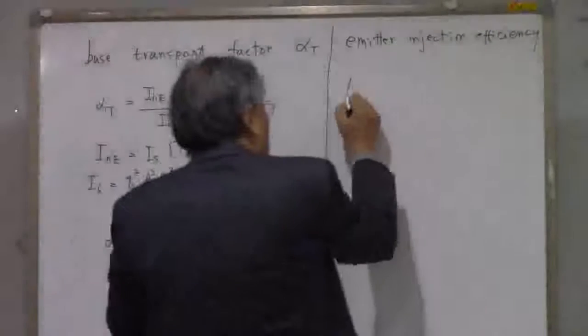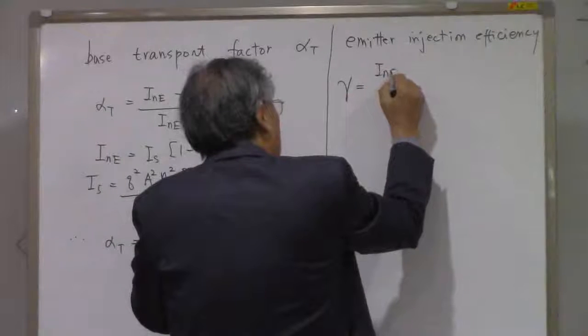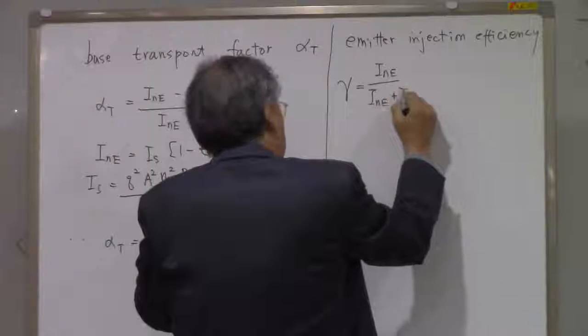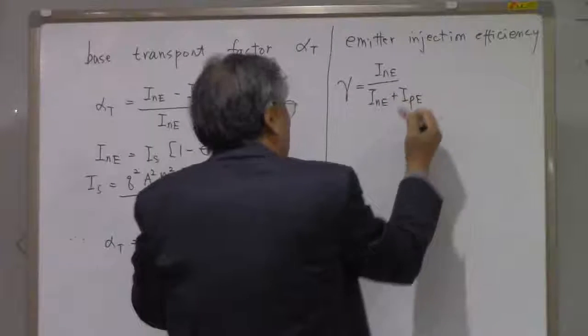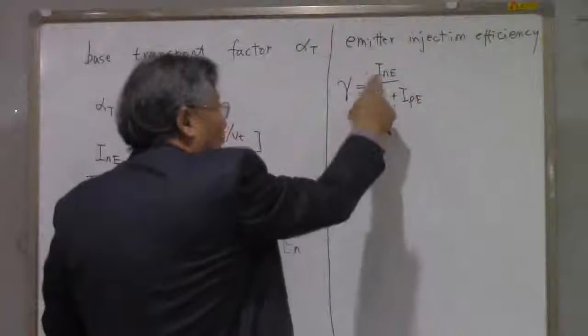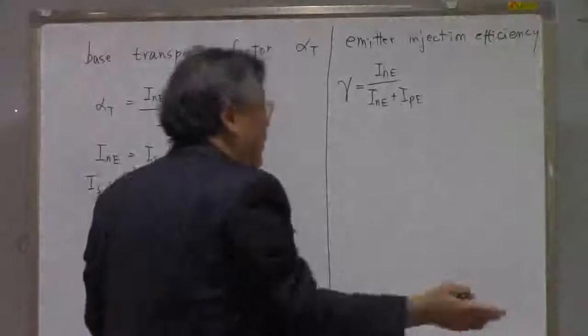That is gamma, INE over INE plus IPE. The whole current which is injected to the emitter, and the electron current which is going to be injected to the base.